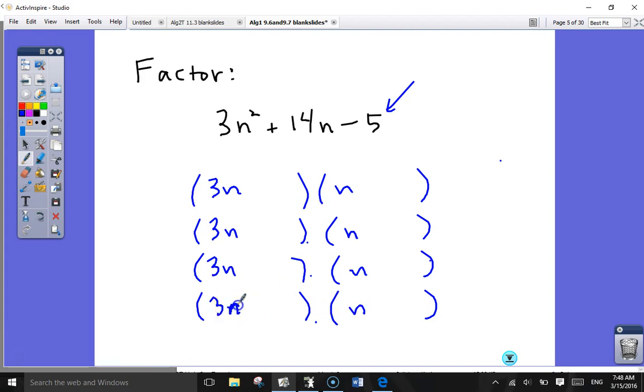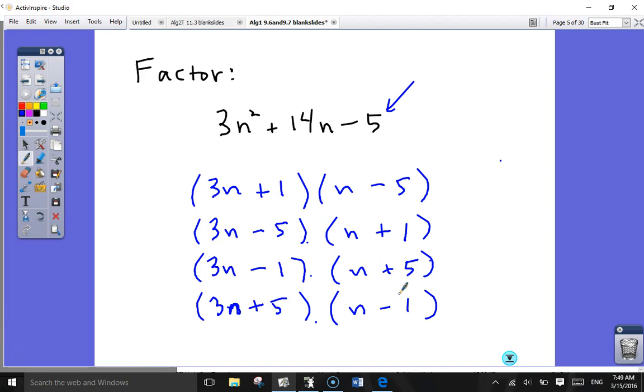Now what we don't know is, should this be plus 1 times negative 5, or negative 5 times plus 1, or minus 1 times positive 5, or positive 5 times negative 1? It's got to be one of those. We know we got the first term and the last term right. We just don't know which one of those will give us the right middle term.